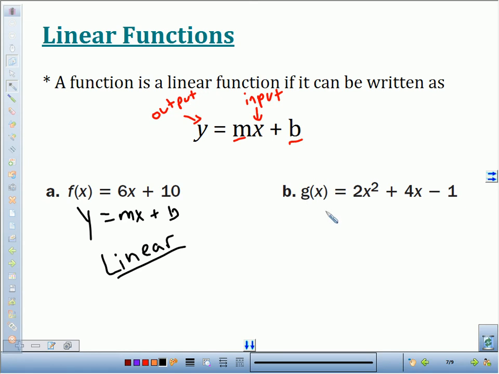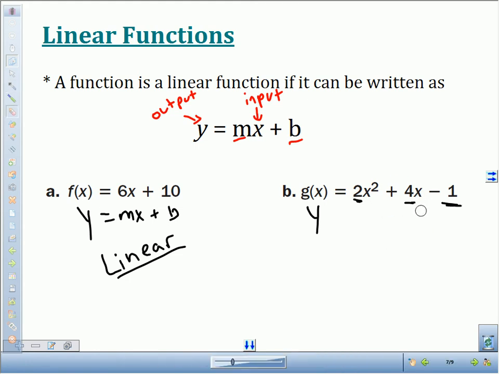Now I have g of x. G of x is also function notation, and it still means y in this case. If we look at our equation, what we've got here is a number, another number, an x, and another number.